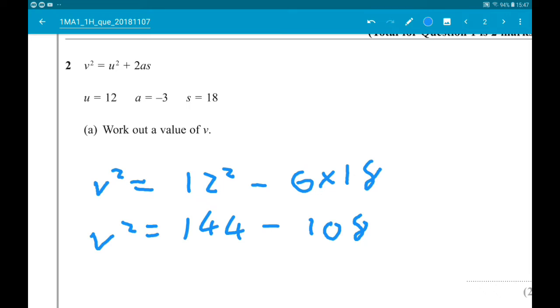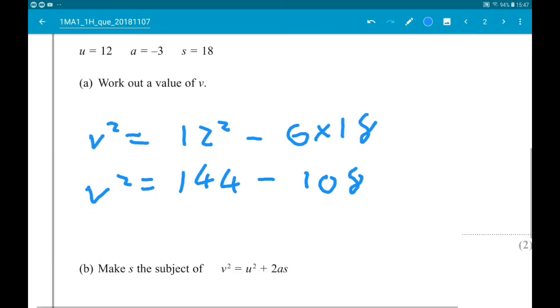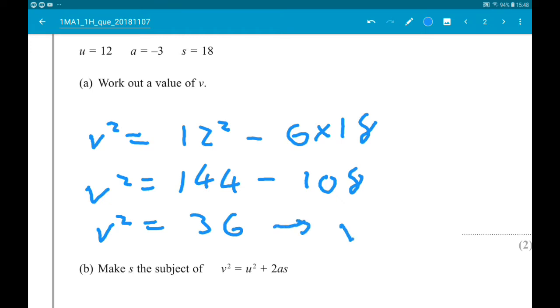So that is going to give us that v squared is equal to 36. Therefore, v can be positive or negative 6.